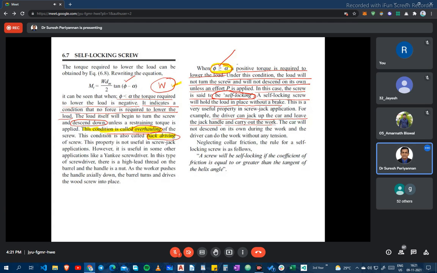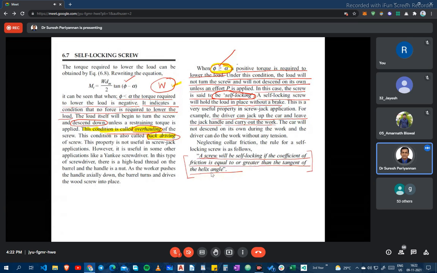Finally, a screw will be self-locking if the coefficient of friction is greater than or equal to the tangent of the helix angle. You may expect this type of question in any interview as well as competitive exams. Any doubt, please go ahead.